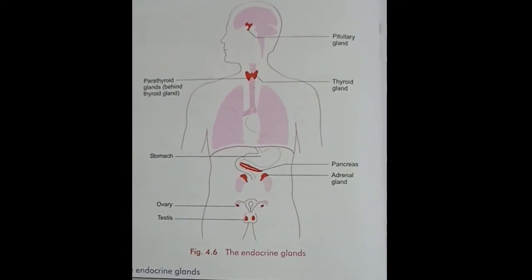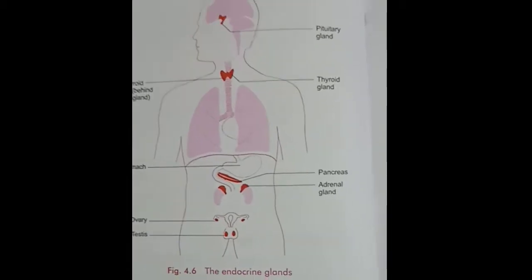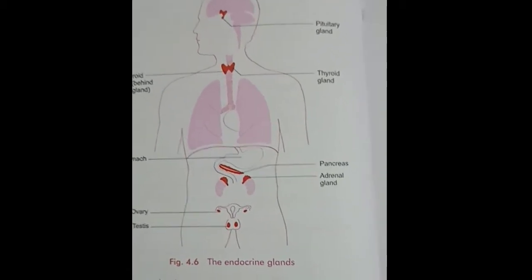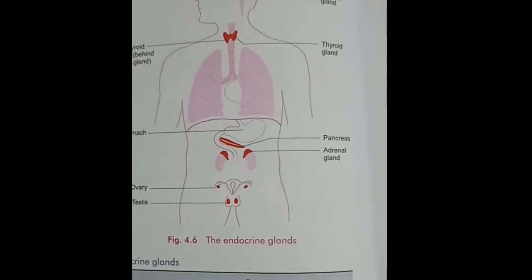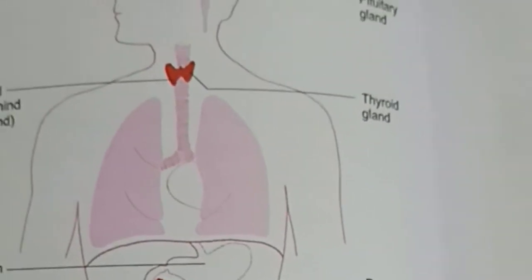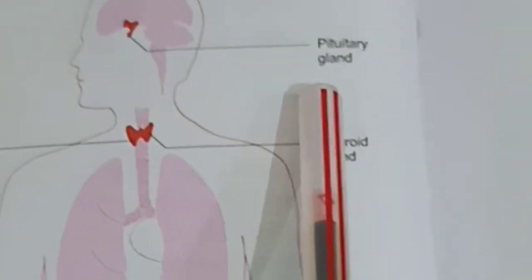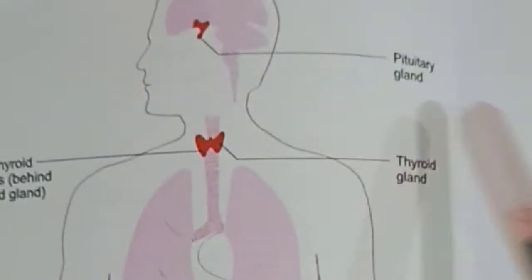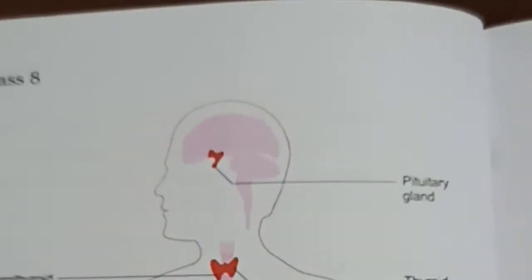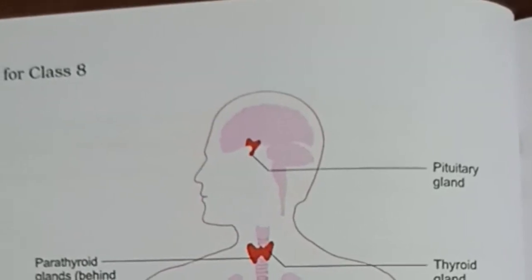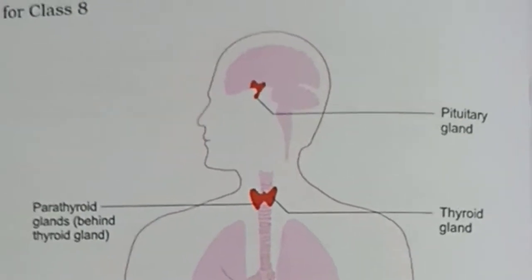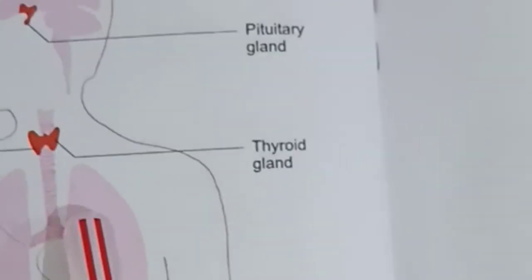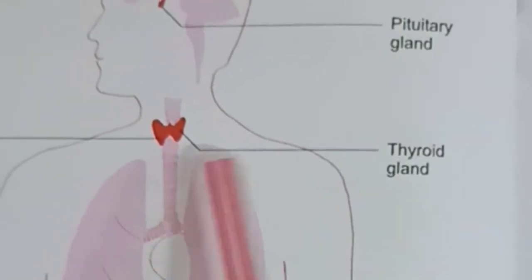Now, in this diagram, we are shown the various endocrine glands and their location. For example, we can see here the pituitary gland. Its location is the base of the brain, and its function is to regulate growth and functioning of the other endocrine glands. The next one is the thyroid gland.